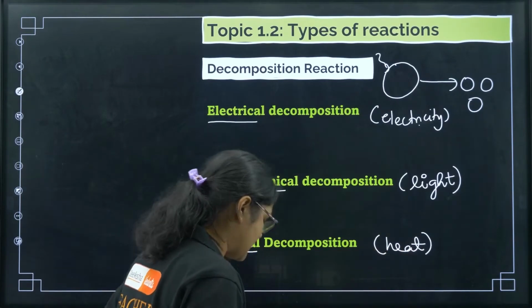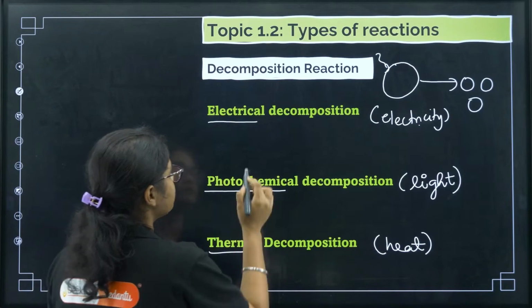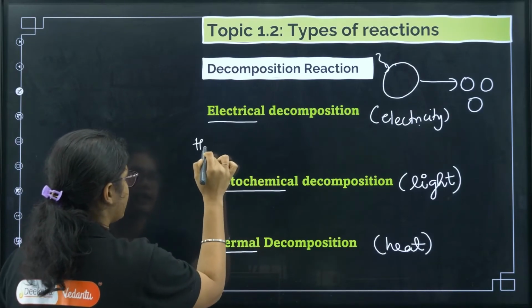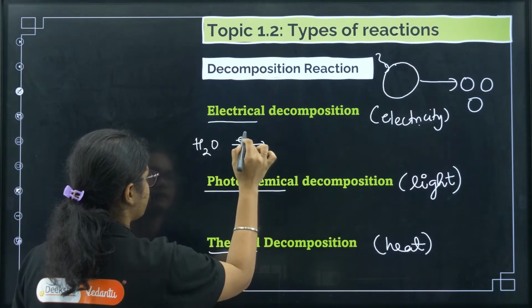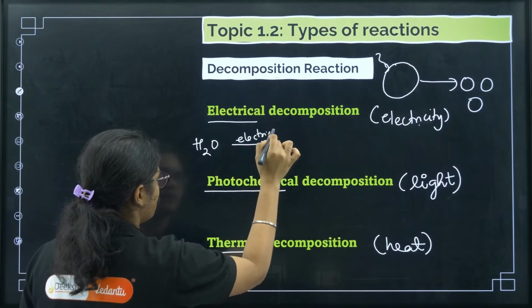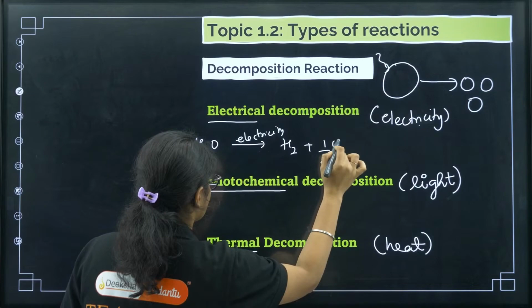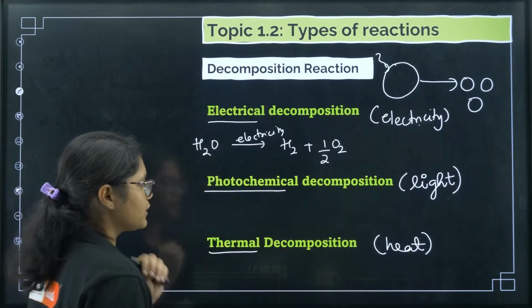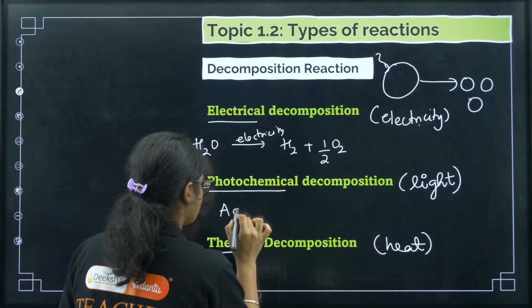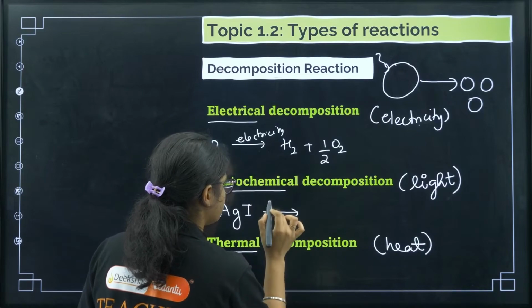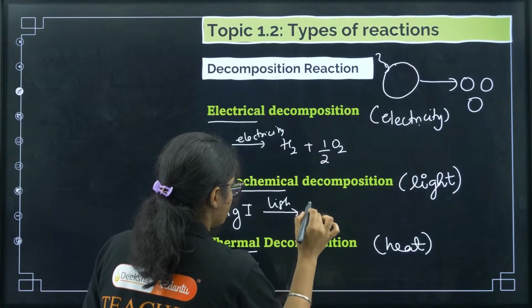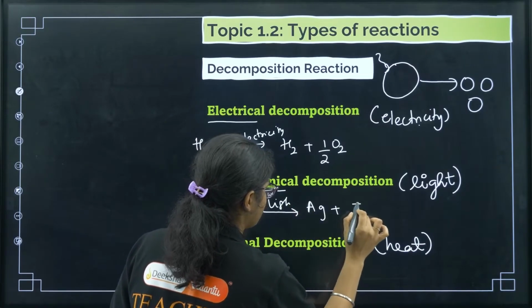So we can write one example of each. Electrical decomposition: H2O, if you treat it with electrolysis, we get H2 plus half O2. Photochemical decomposition: if you take AgI and give light, you get Ag plus I2.